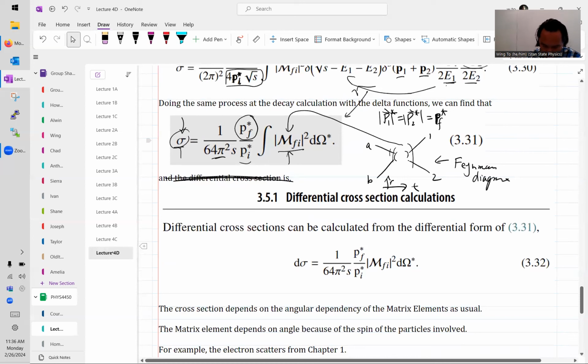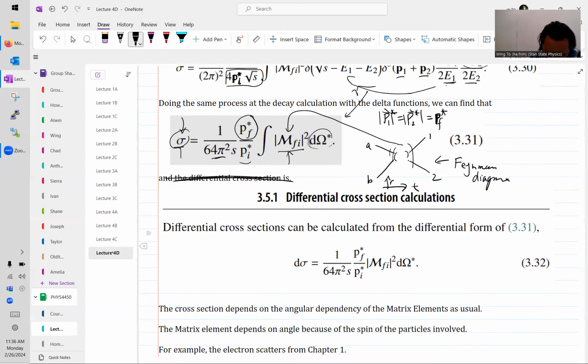Since there's this angular integral here, what we can do is define something called the differential cross-section by taking the derivative of both sides of this, right? By taking the derivative with respect to the solid angle here, you basically knock out this integral, okay? What you can do is define this thing called a differential cross-section, which is just d sigma.